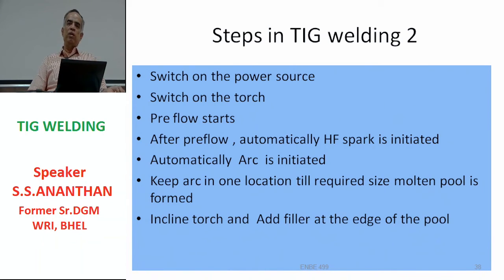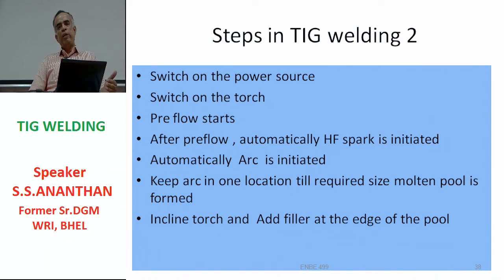Usually every torch will have a switch in its handle, or a foot switch, which energizes the power source and initiates the sequence. Once the sequence is initiated, first the pre-flow gas starts. In the case of pre-flow, the gas starts from the cylinder, passes through the various gas hoses, and comes out of the torch, thereby removing any air which was lying there earlier.